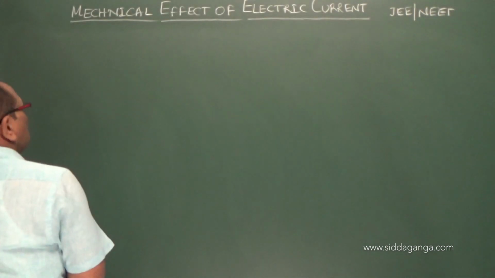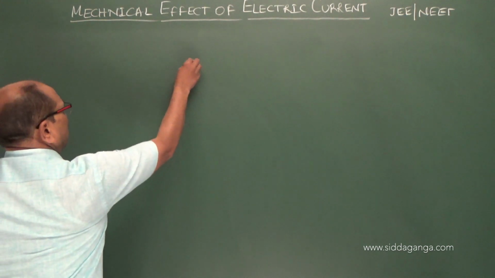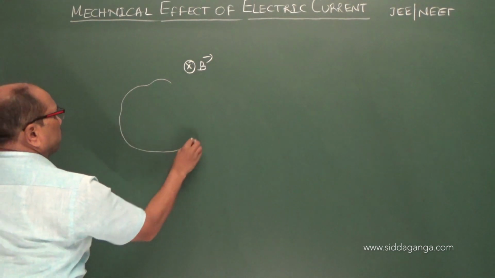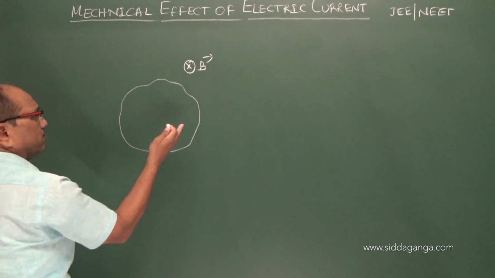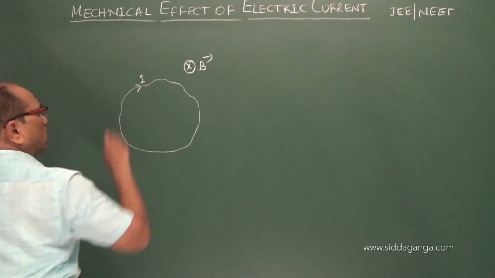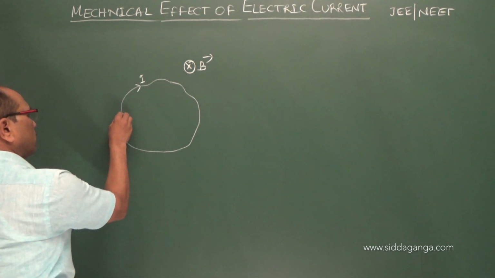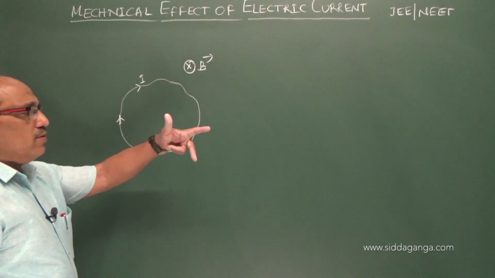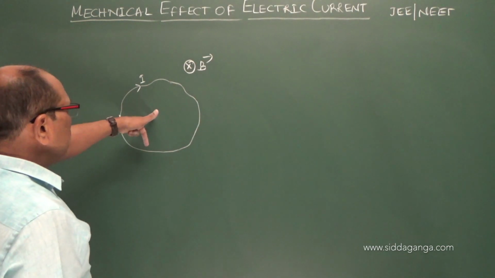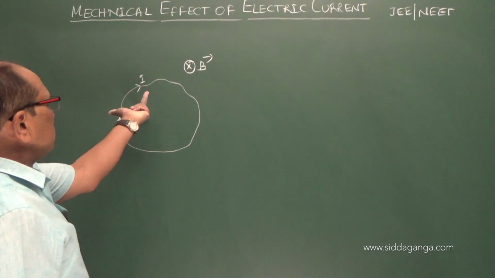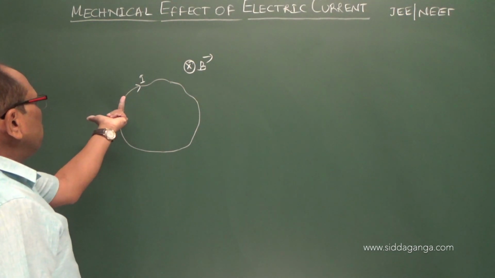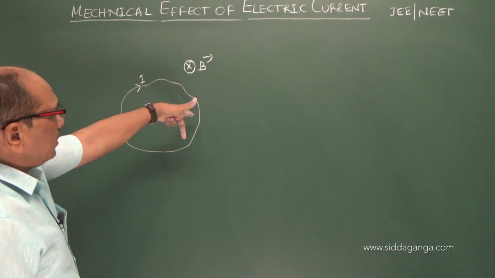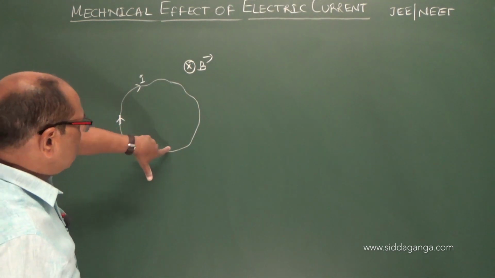So if you consider a magnetic field into the board and a loop of wire of some shape carrying the current clockwise, at any point you take, the current is in this direction. You can see, according to Fleming's left hand rule, field into the board, current is this way, thereby the force experienced is outward. Any point you can take, here, or at this position, or at this position.